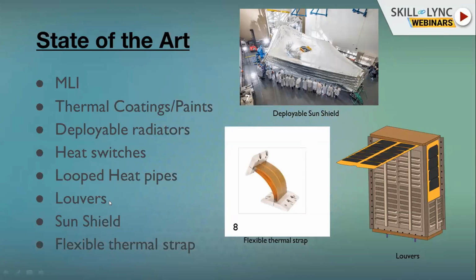Louvers are one of the technologies which, if you see here, have a flap kind of thing. On one side, it is a high emissive coating, and on the other side, there is a low emissive coating. So whenever there is a requirement to switch, let's say you are facing the sun and you want to absorb only very little heat, you face one side of the flap and reject most of the heat.